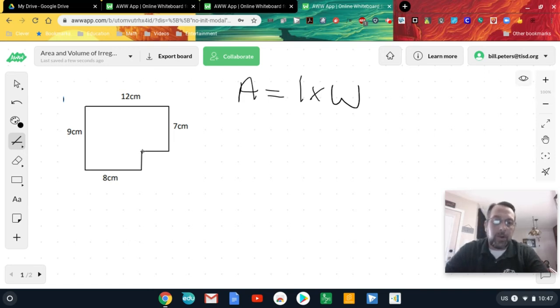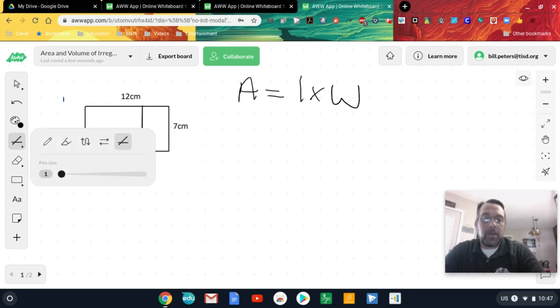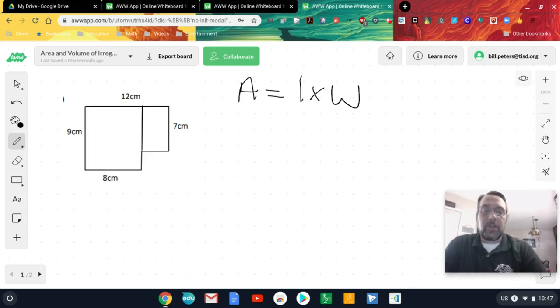I'm going to start right here at this 90 degree angle. Now I've turned it into 2 regular shapes, and now I need to label my sides. This is 7, so this side is 7 as well.